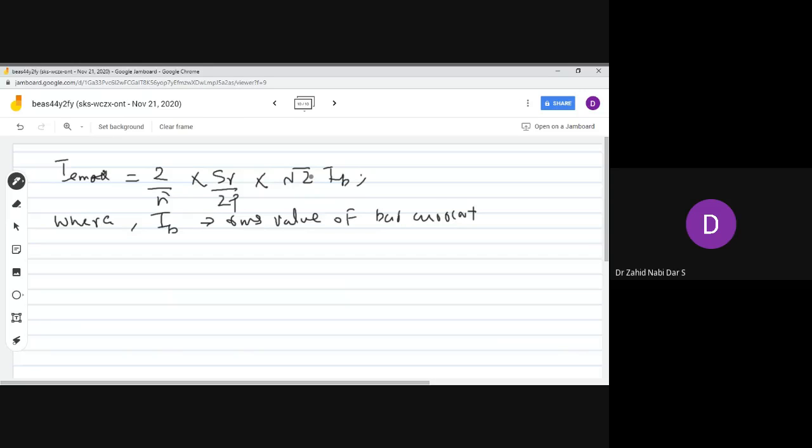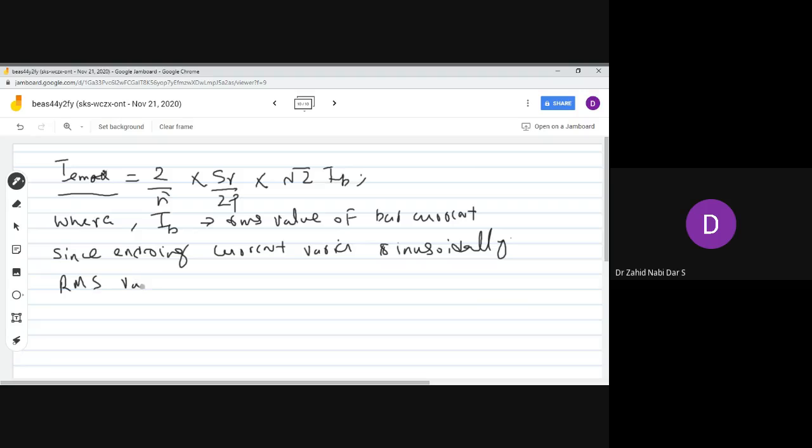again you have, this is the entering current, so this is the IE max. Since the entering current varies sinusoidally, what I do is I take the RMS value of entering current.